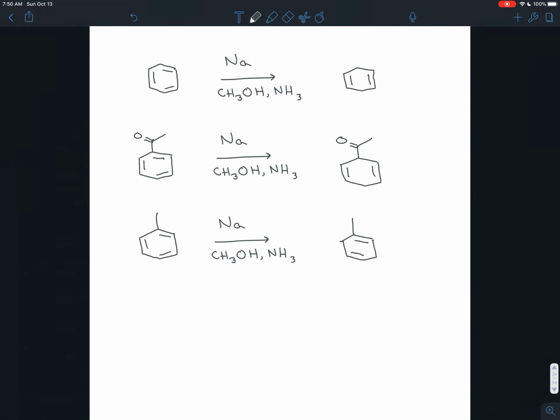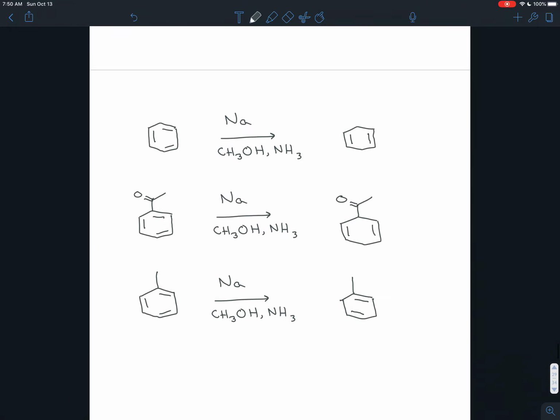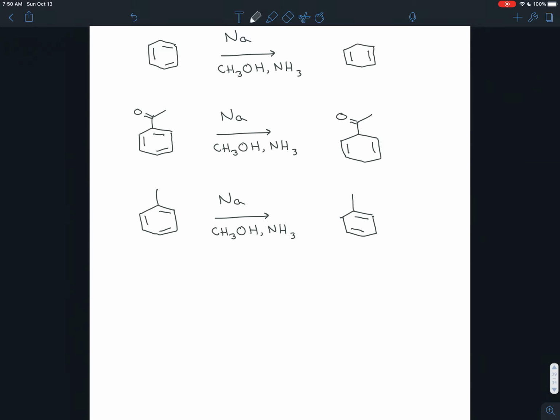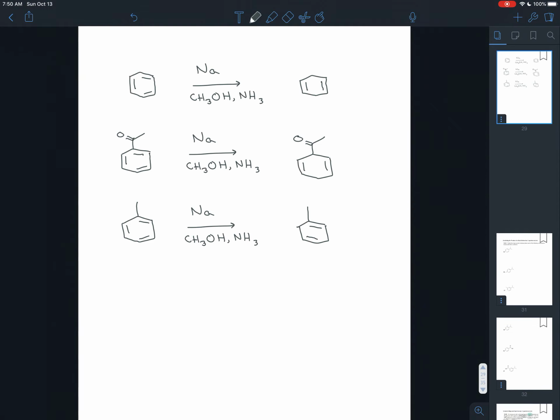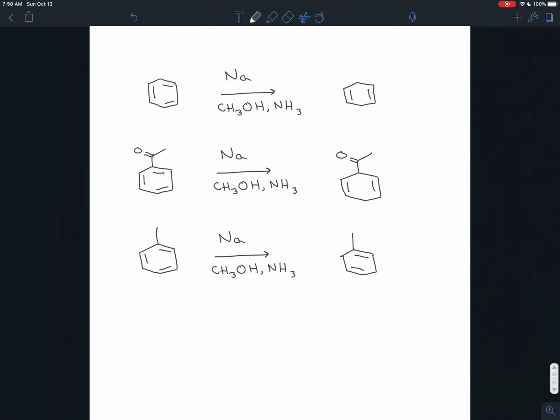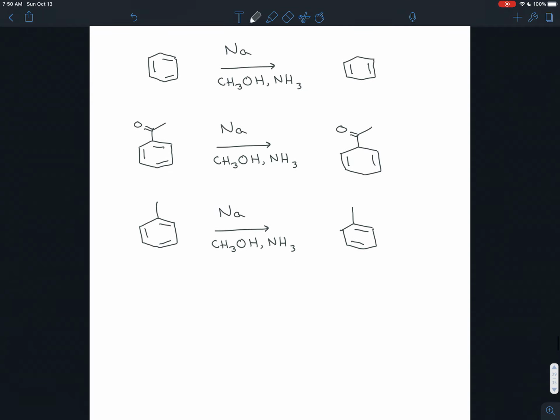Why is that happening? And why does this reaction even happen in the first place? So let's walk through the mechanism really quickly, and then hopefully you'll see why you're getting this pattern when you have these electron withdrawing or electron donating branches, and hopefully that'll help you to remember this.